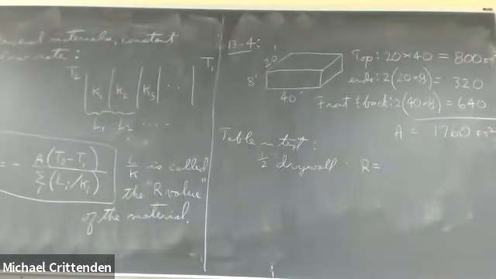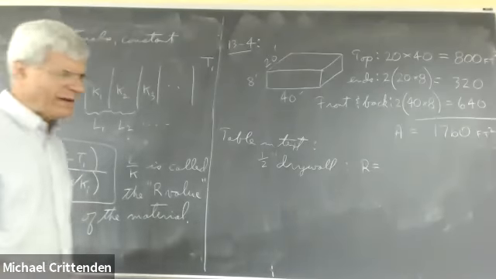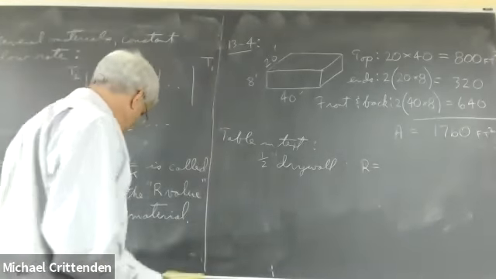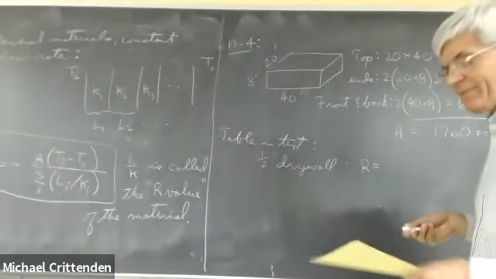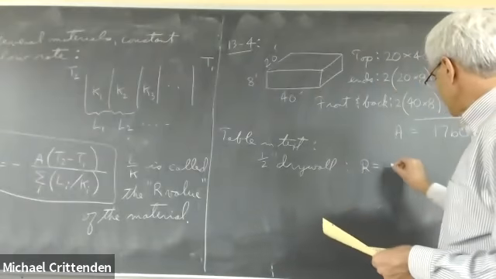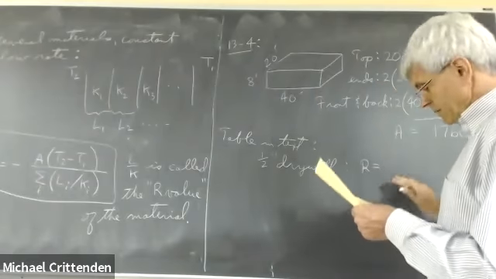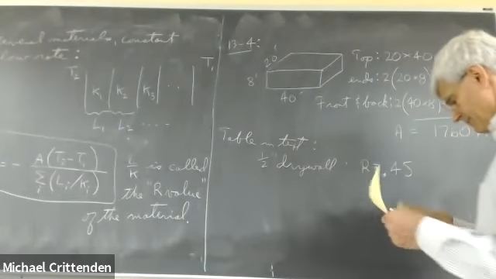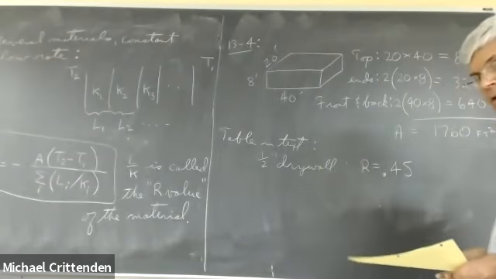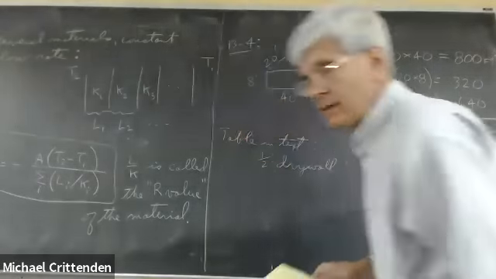Half-inch drywall. Actually, for walls, you usually use 3/8. Half-inch would be for ceilings, but this house, it's all 1/2 inch. R equals 0.45. The units on that, are you ready?